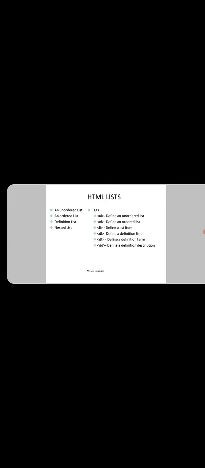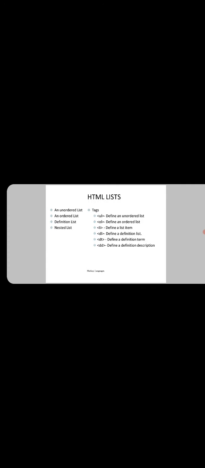Generally, in an unordered list, there is no specific predefined order followed. We may use different types of symbols like circles, filled circles, squares, filled squares, bullet symbols, arrows, or star symbols to represent the data, information or points.